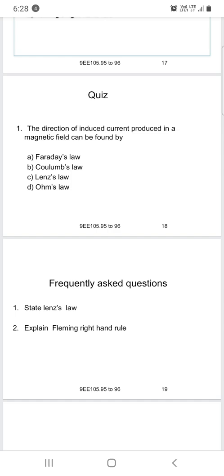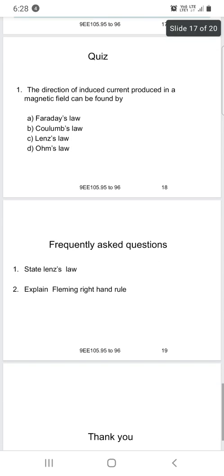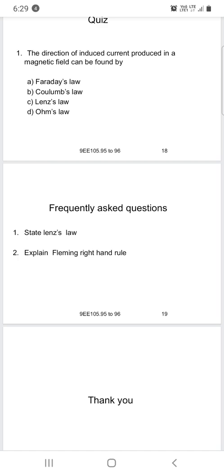Induced current produced in a magnetic field can be found by: option A, Faraday's law; option B, Coulomb's law; option C, Lenz's law; option D, Ohm's law. Here option C, Lenz's law, is the correct answer.